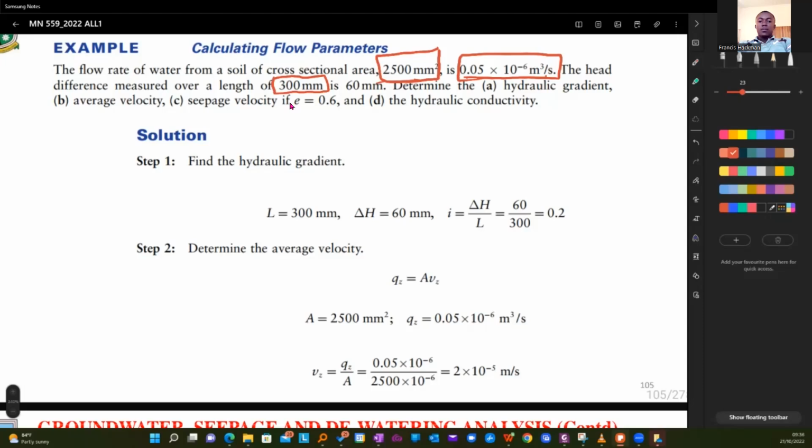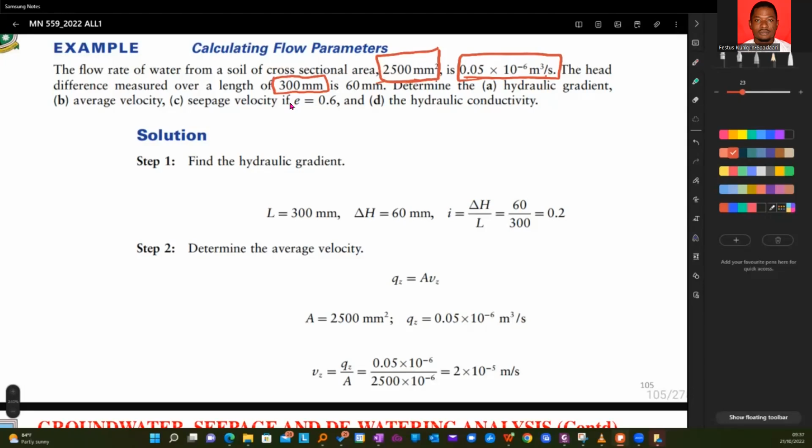Okay, so we are saying that the rate of flow of water from a soil of cross-sectional area 2,500 millimeters square is 0.05 by 10 to the power 6 meters cubed per second. The head difference measured over a length of 300 millimeters is 60 millimeters.